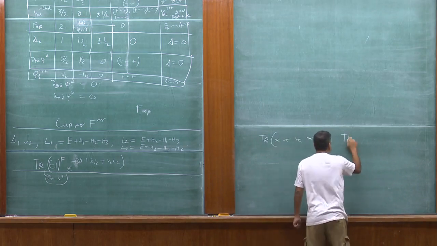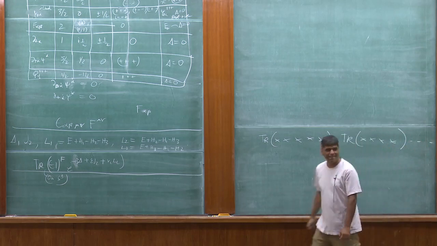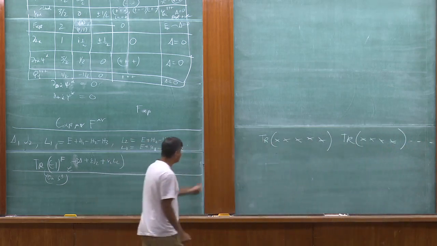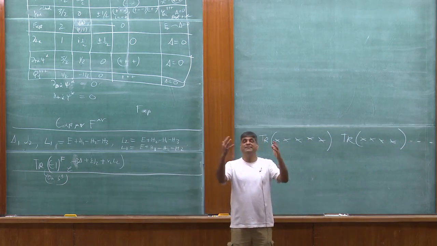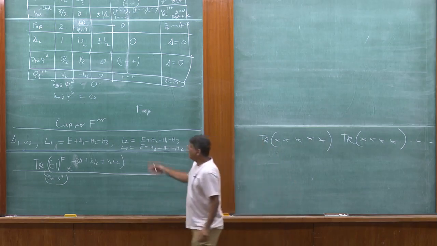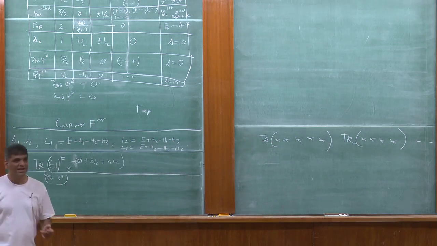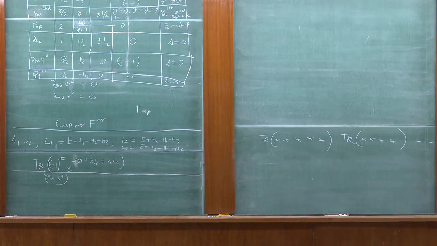And then you can take another trace of something, something, something, and so on, roughly speaking. These somethings are all the basic adjoint fields of the theory, and their derivatives. There's a name for those things: they're called letters. So they're all the letters of the theory.